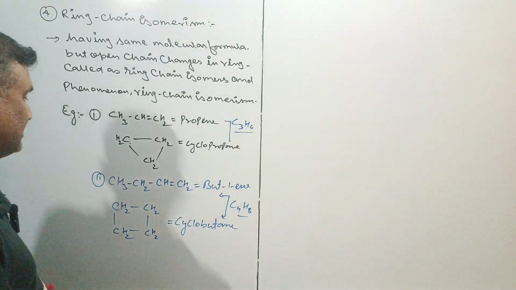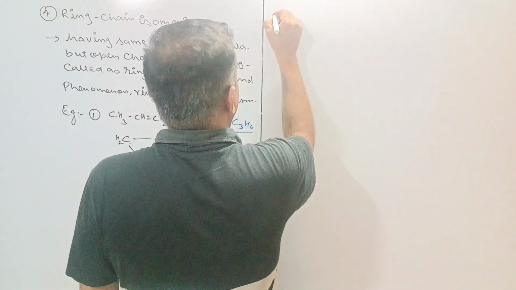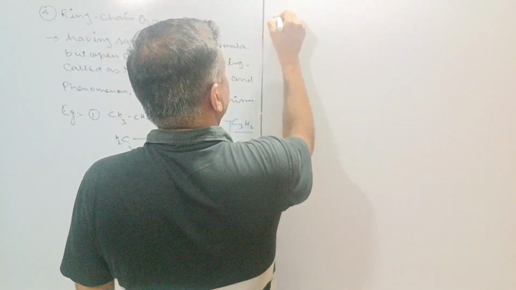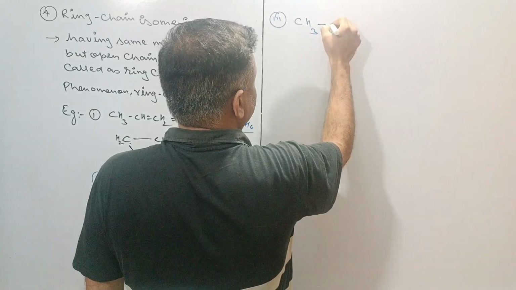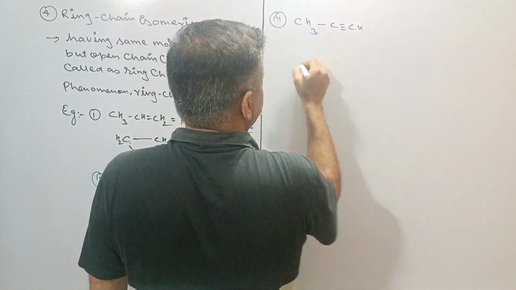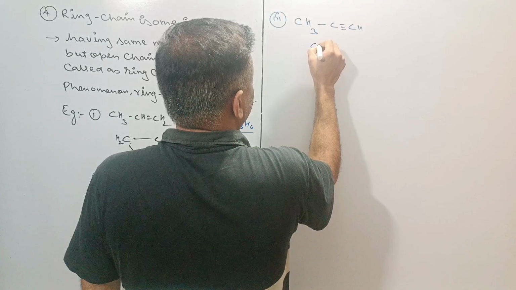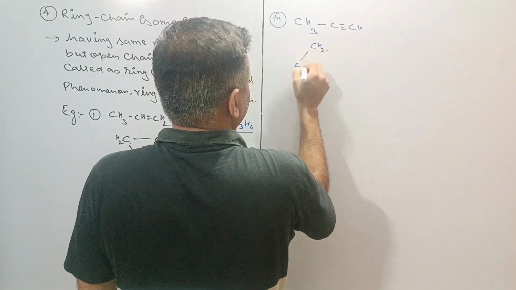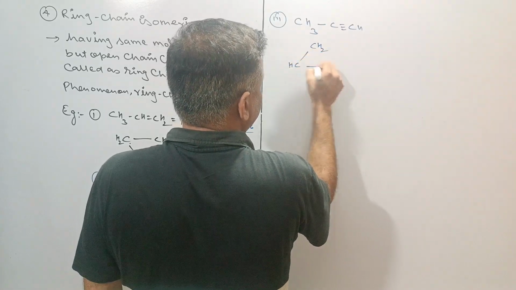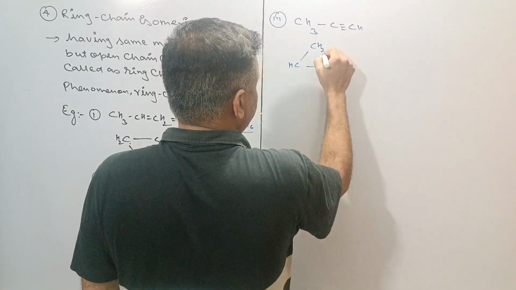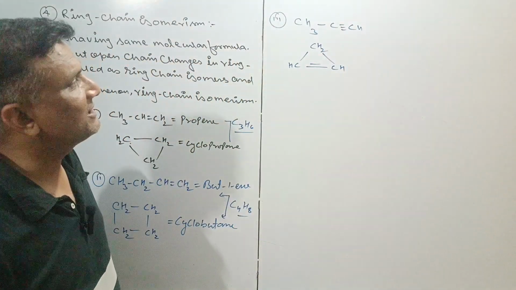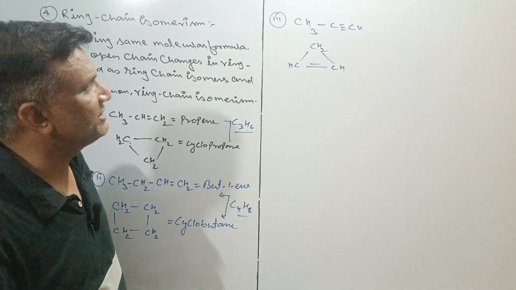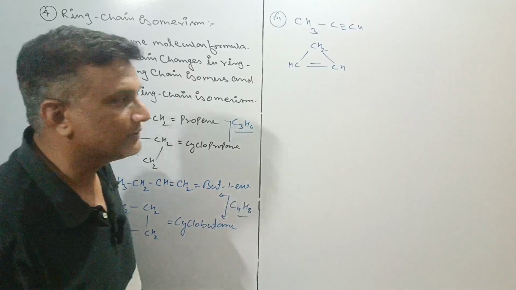If we go further, we can take the third example regarding alkyne, this is CH≡C-CH3. Regarding the alkyne, the ring chain isomer will be as follows. This has a double bond. The number of carbon atoms is 3, hydrogen is 4.